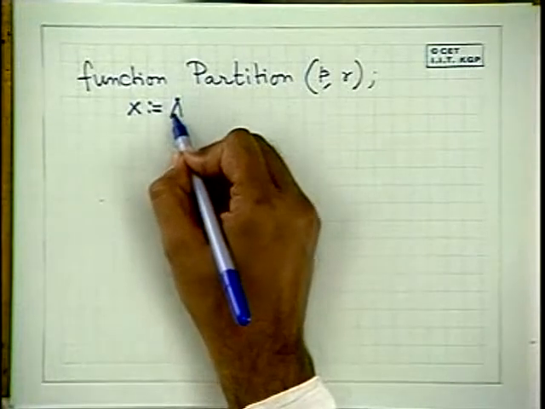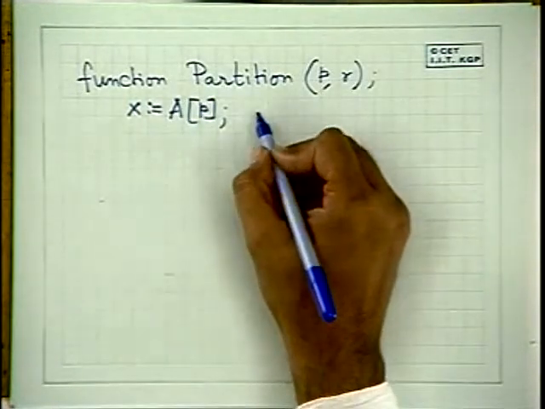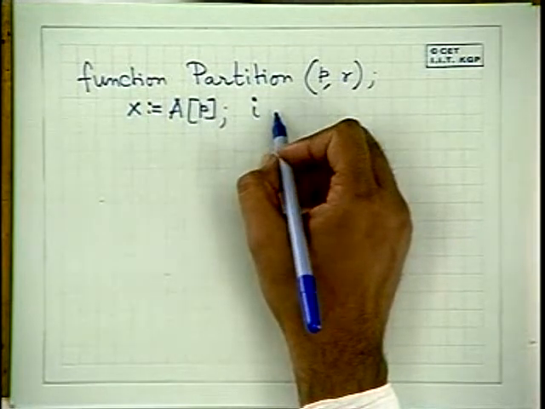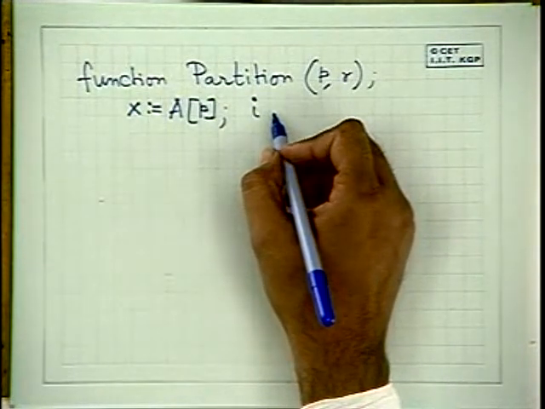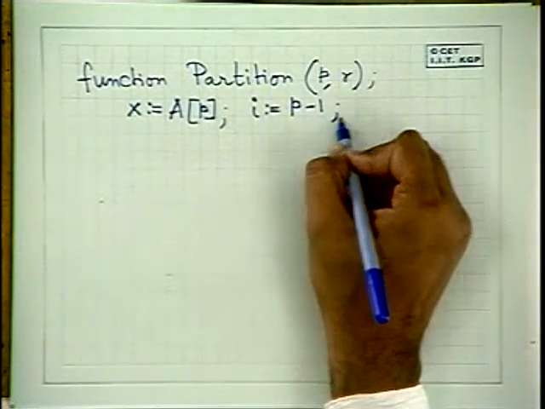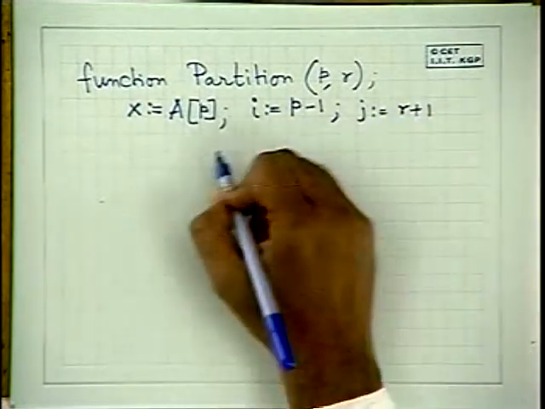Using this as a pivot element, we will split the array A[p..r] into two parts. So first we assign this pivot, x equals A[p], and we will be using two indices i and j. I will show you how they work. Initially i is p minus 1 and j is r plus 1.